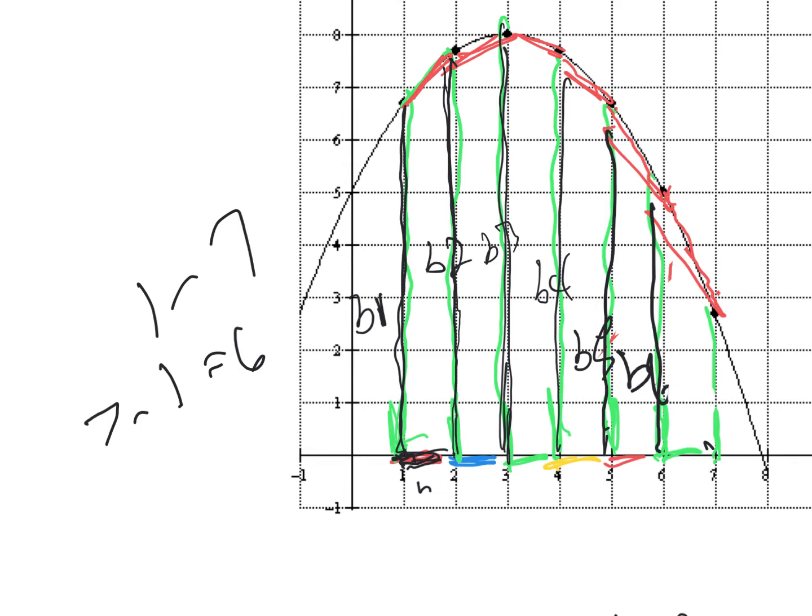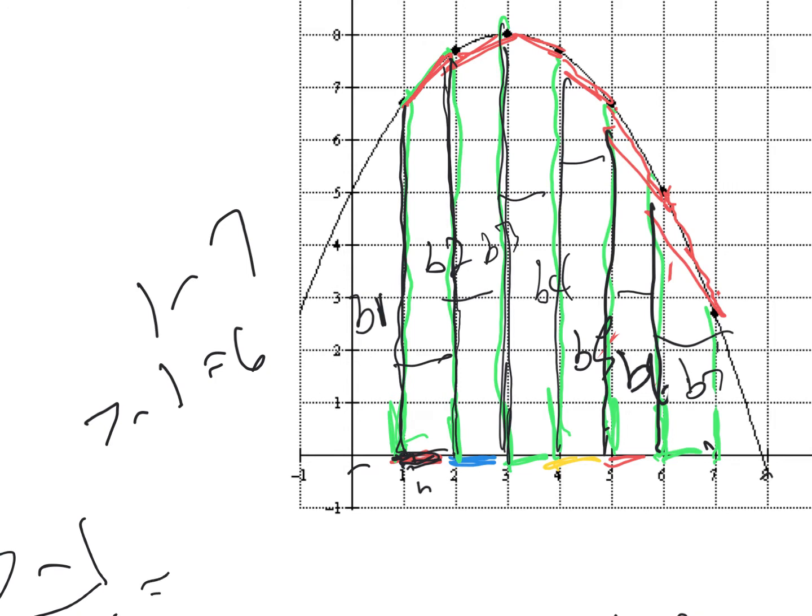Oh, 7 is that particular base, B7. 1 trapezoid, 2, 3, 4, 5, 6 trapezoids. Basically, you do 7 minus 1 divided by the width, the delta x.